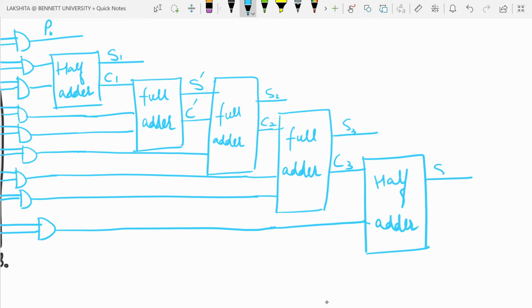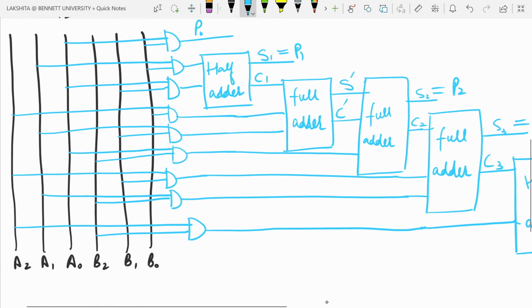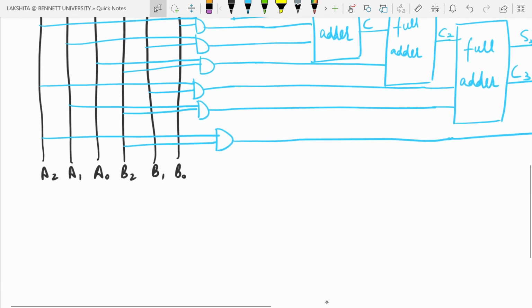We'll have S4 and C4. So our S1 was nothing but P1, S2 was nothing but P2, S3 is nothing but P3 and S4 is P4. Our C4 is P5. So this is our multiplier circuit for 3-bit numbers.